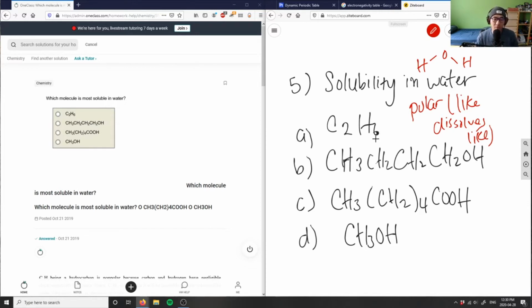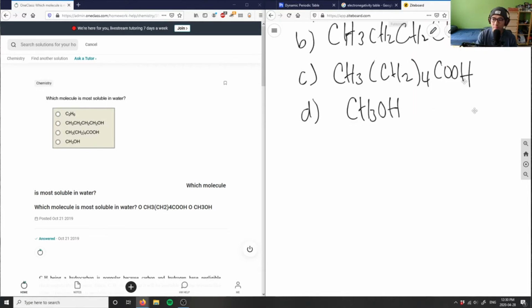So right off the bat, we can tell that C2H6 here is a non-polar compound. If we drew out C2H6, let me draw this out for you. I have 2 carbons and 6 hydrogens.